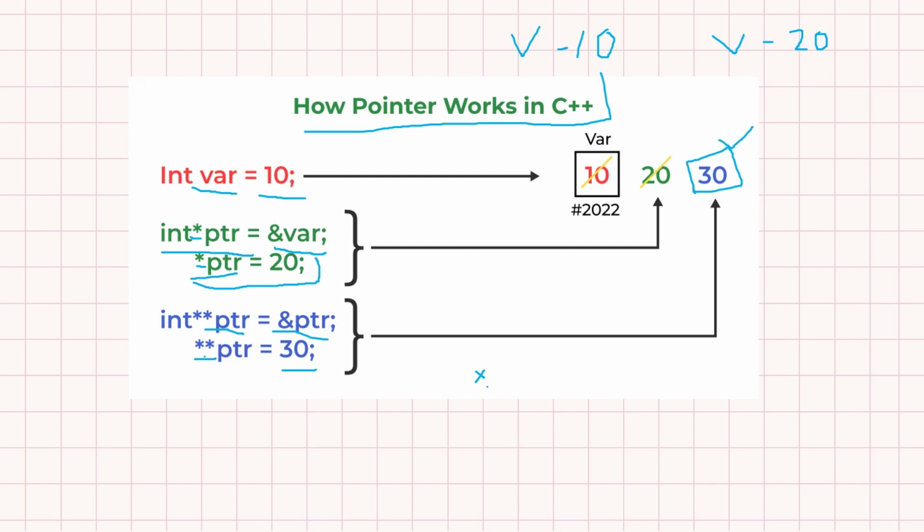So this is how we dynamically manipulate our data using pointers, and we will do some questions on that so that you can easily identify what is happening inside the program. Now we have to move forward to the program.